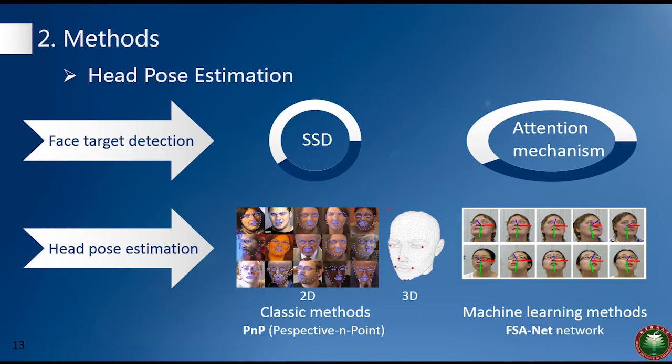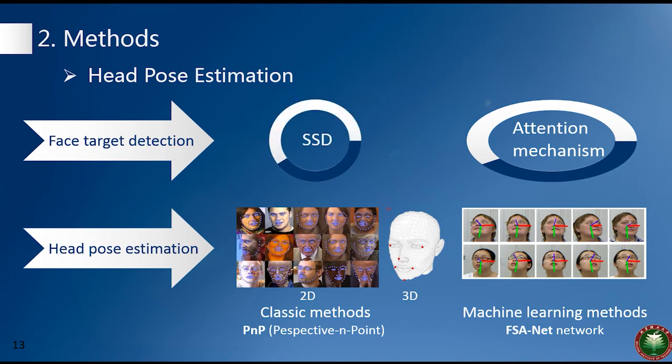The head action analysis algorithm consists of two parts: face target detection and head pose estimation. The traditional method uses SSD to locate the face position in the image, and then extracts 2D information of key points of the face to match with a 3D face model.